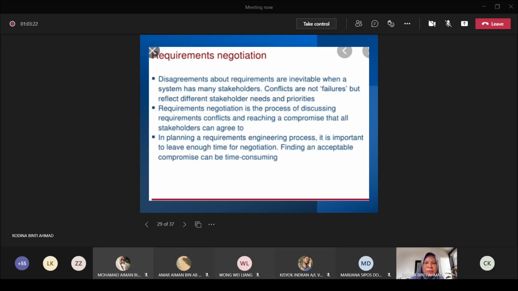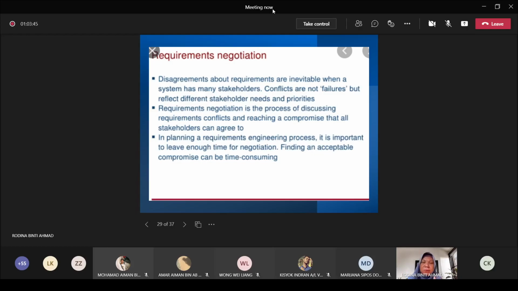And requirements negotiation is the process of discussing requirement conflicts and reaching a compromise that all stakeholders can agree to. In planning the requirements process, it's important to leave enough time for negotiation. Of course we have requirements activities, elicitation and so on, then we specify them and validate them.